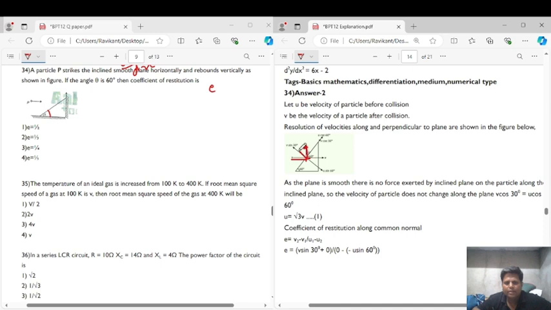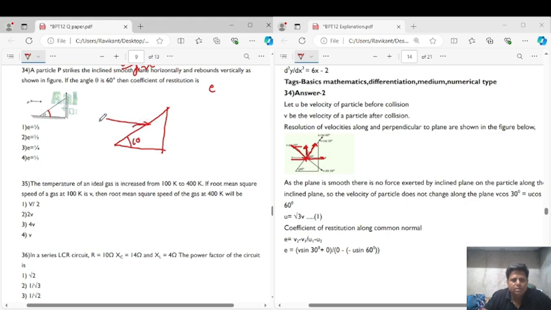Let me draw it again. See, if this is the inclined plane, this angle is given to us as 60 degrees. Now u is this, so we can extend u like this.